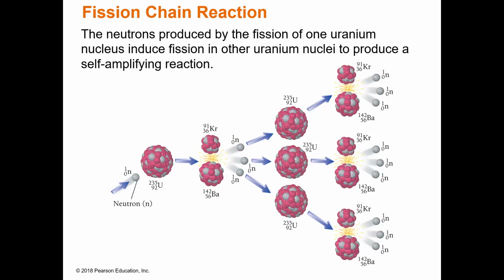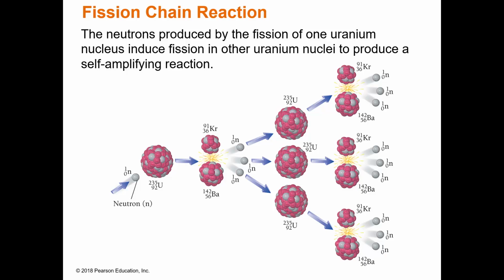One uranium atom splits and releases three neutrons. If each of those neutrons hits another uranium atom, now you have three more fissions and 9 neutrons and so on. This reaction can either be controlled, like in a nuclear reactor, where energy is released slowly and used to make electricity or medical isotopes, or uncontrolled, like in an atomic bomb, where the reaction happens all at once and releases a massive explosion.